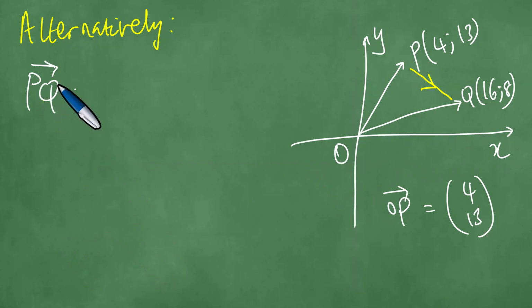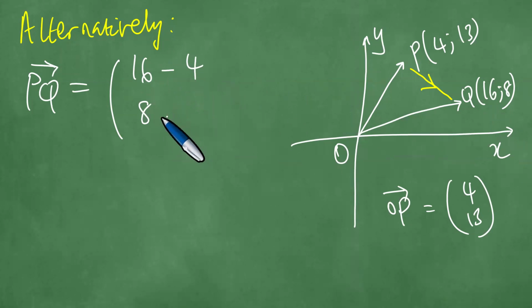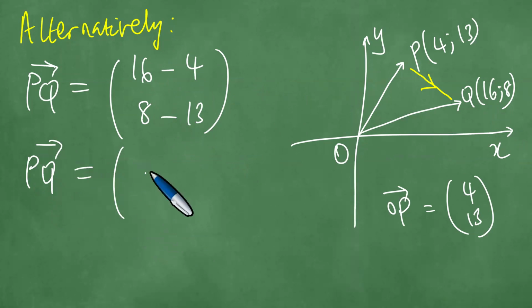We want to find the vector PQ, so we form a new vector by considering 16 minus 4, and then 8 minus 13, so that the vector PQ can be determined as (12, -5).